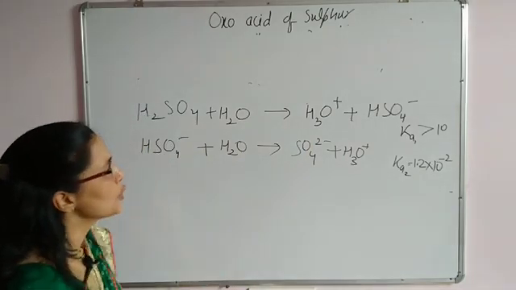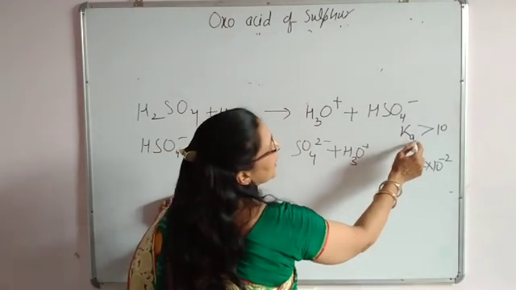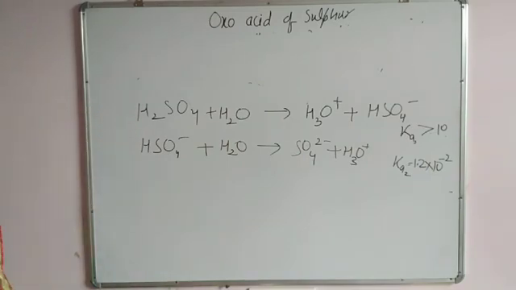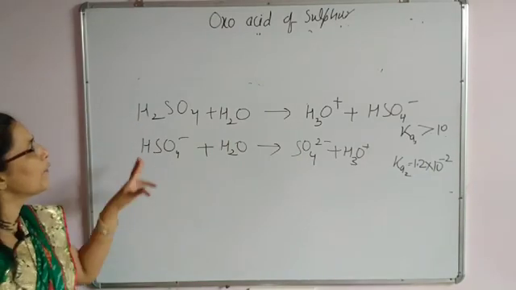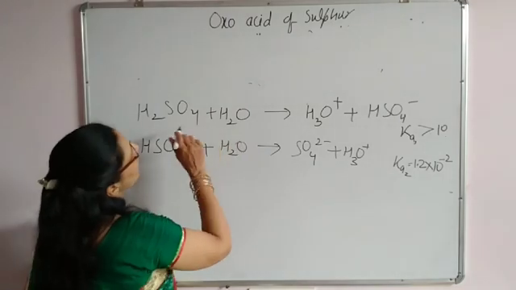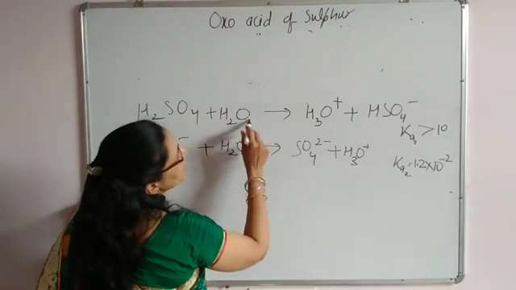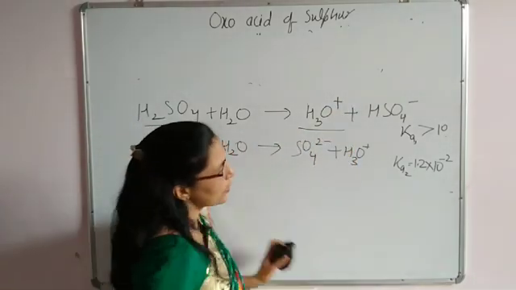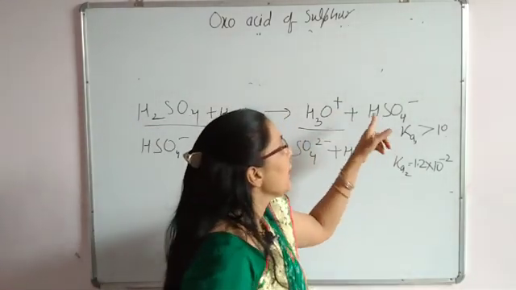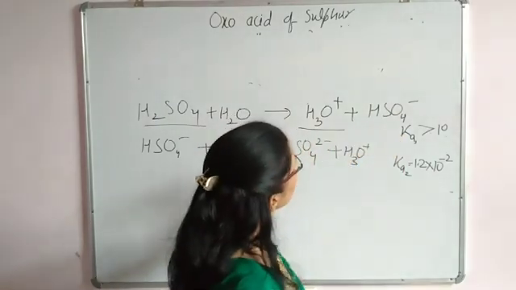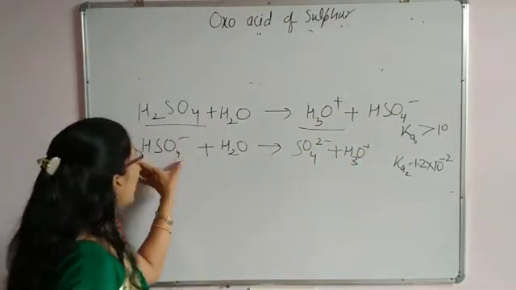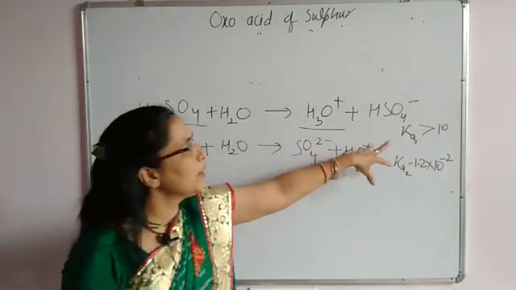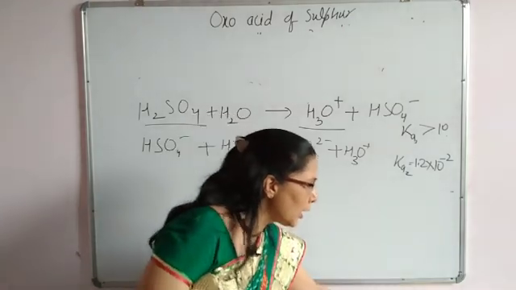As we compare these two, when Ka1 is greater than 10, it means this reaction shows the highly acidic character of H2SO4. When you add water, 100% dissociation will occur and there will be formation of hydronium ion and bisulfate ion. The second acid is weak compared to H2SO4, by knowing the data of Ka1 and Ka2.